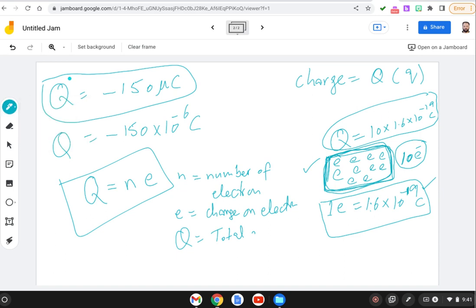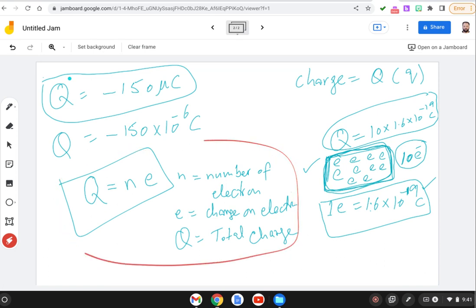Did you get this? Yeah. Okay, so write down this portion in your notebook, then I will go ahead. This portion only. Q equals Ne, and this N represents, e represents, Q represents this portion. Okay, this is important.